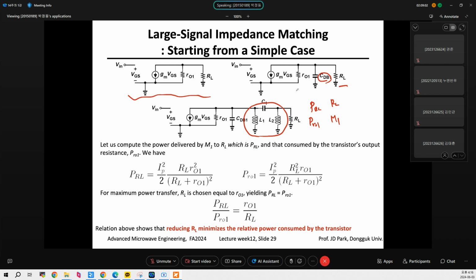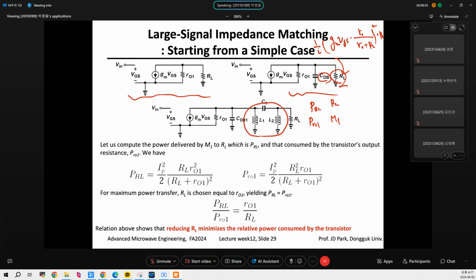For this architecture, the power delivered to the load is the generated current GM VGS multiplied by the division ratio, RO plus RL and RO. This is current, and current squared multiplied by RL is the power delivered here. Since this VGS is a peak value, this has to be 1/2.